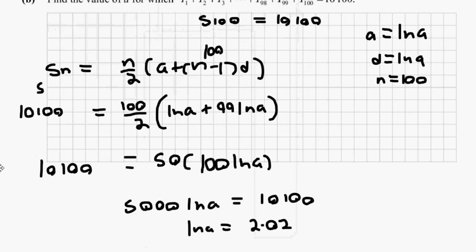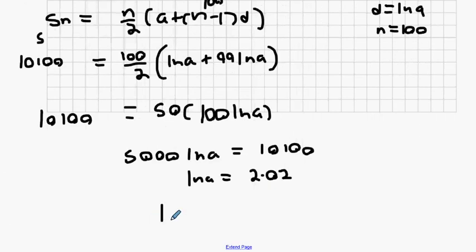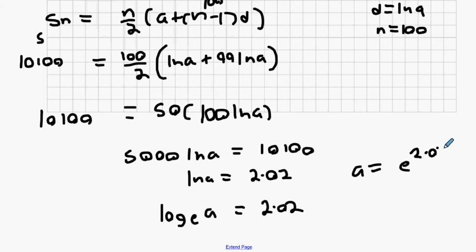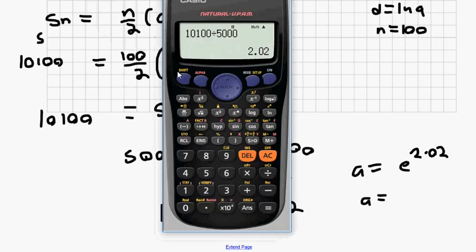So log base e of A equals 2.02, A equals e to the power of 2.02. Syntax error, a numpty there, and we get 7.54.